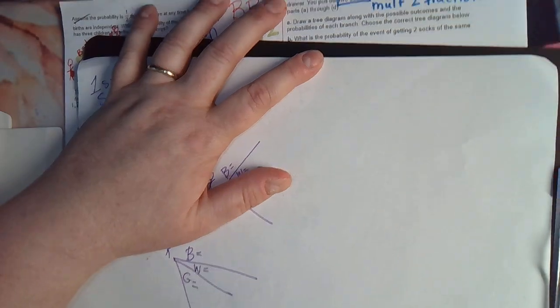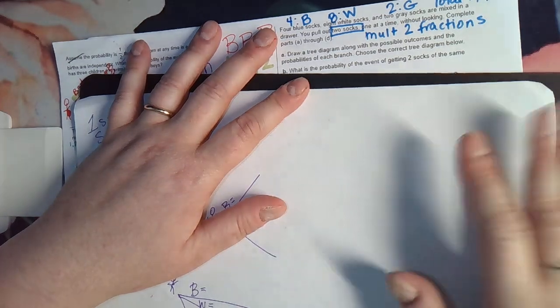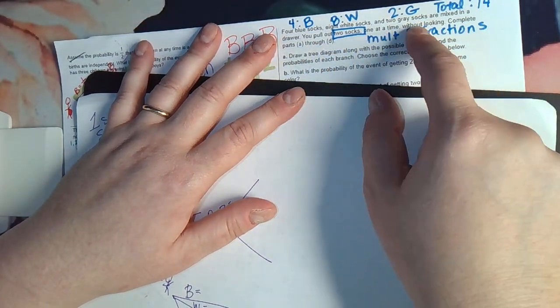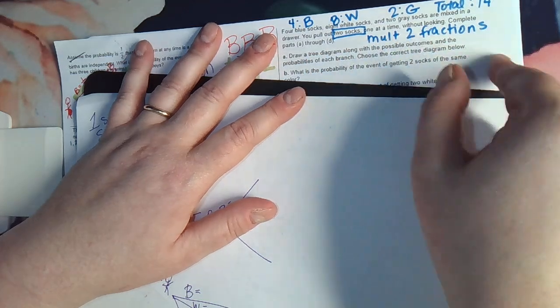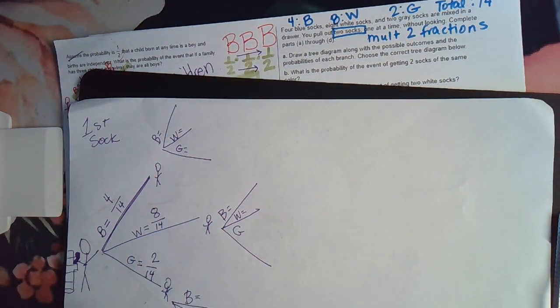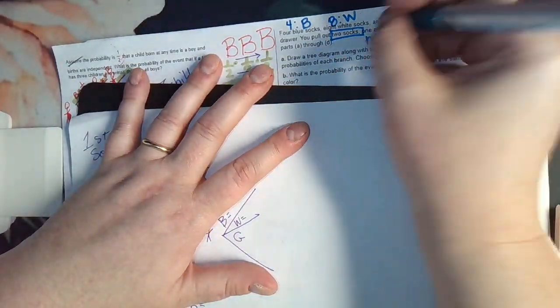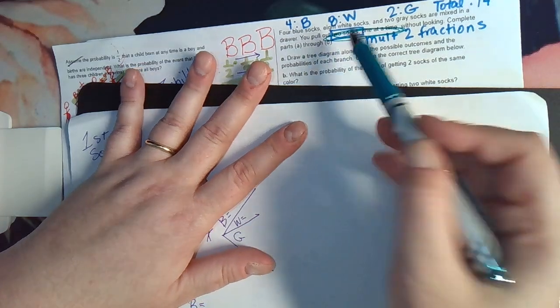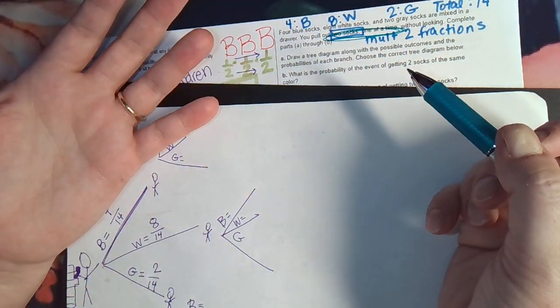And it says you pull out 2 socks one at a time. It never says that you put the sock back in the drawer. So our totals need to go down, because it doesn't say anything about you taking a sock out and then putting it back in the drawer.